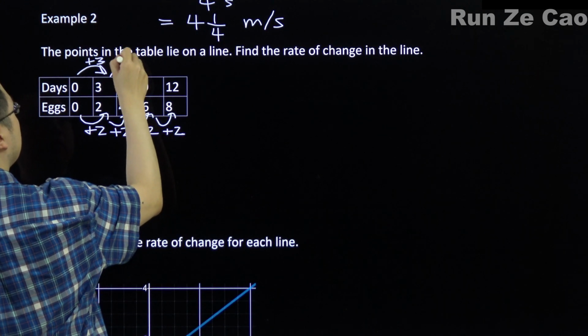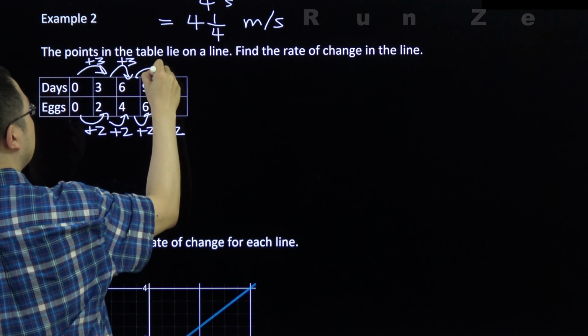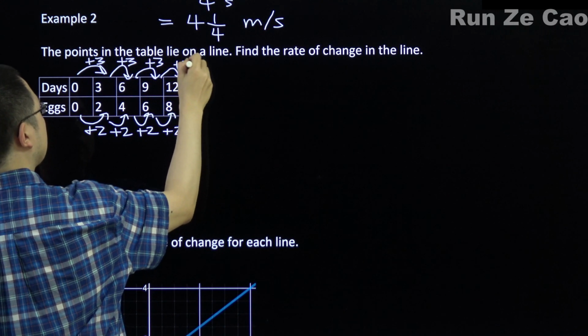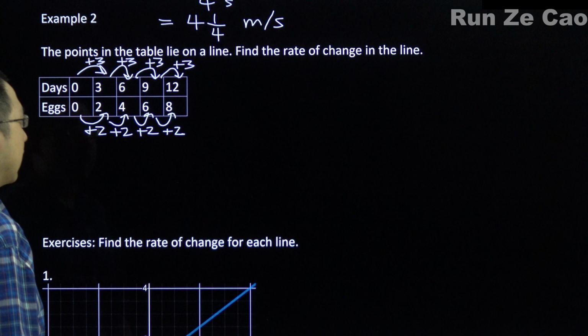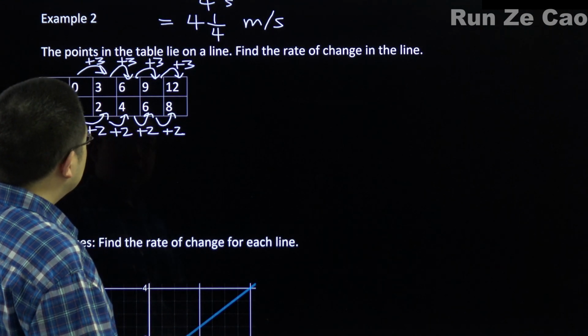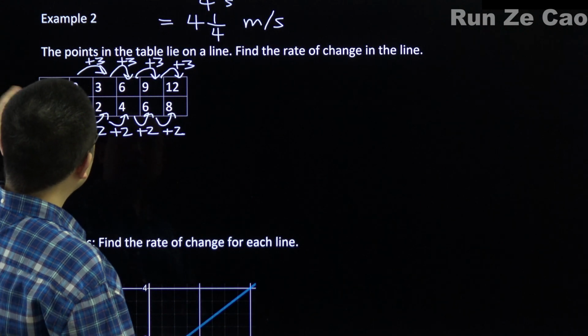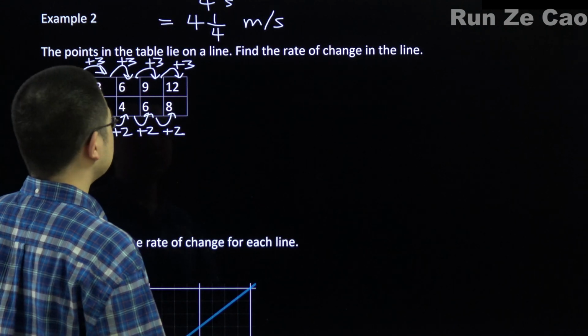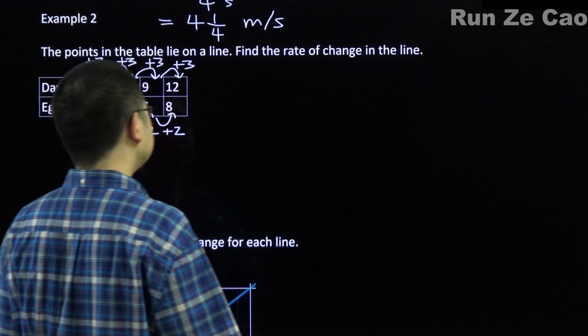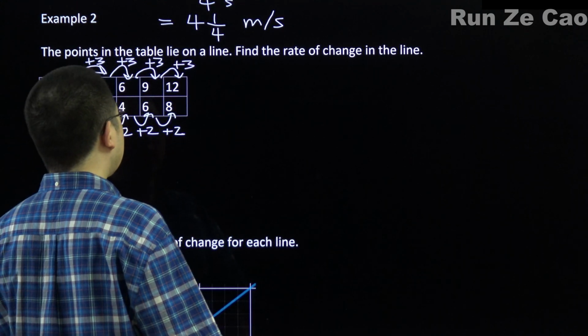And this is plus 3, plus 3, plus 3. So for every 3 days, 2 eggs are laid. Obviously, going back beyond day 0 makes a little bit of nonsense because you can't have negative 2 eggs, but well. Find the rate of change in the line.